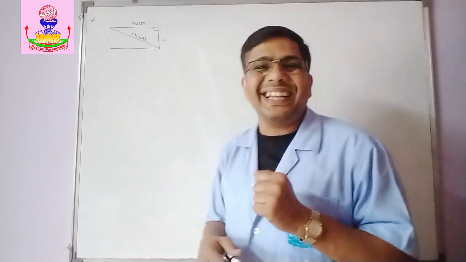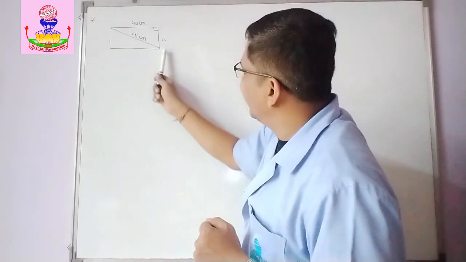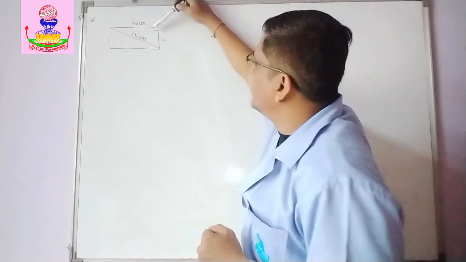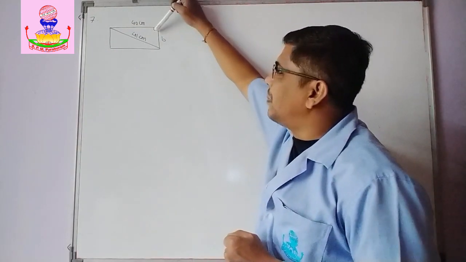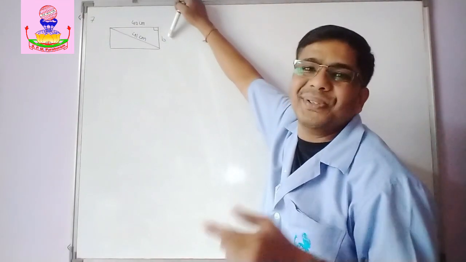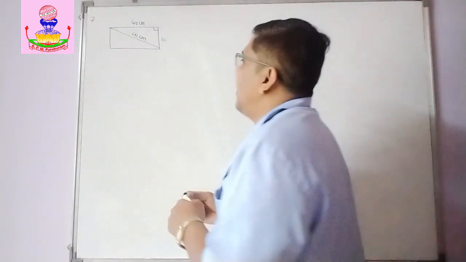Now you know that all the angles of a rectangle are always 90 degree. So you can see here, right angle triangle is formed, right? Okay, so this is 90 degree. So this is a diagonal which is opposite to 90 degree. So it is the hypotenuse. This is side 1. Can I find side 2? Yes, of course I can find.